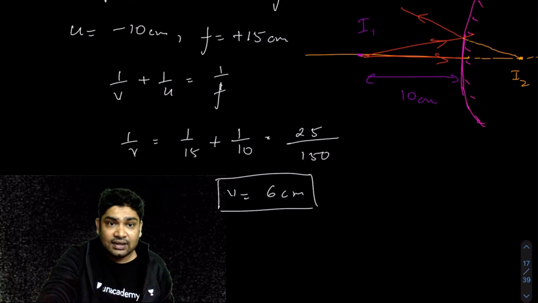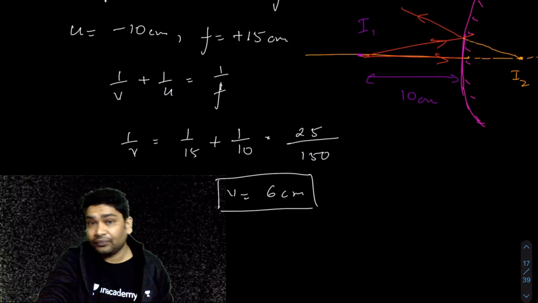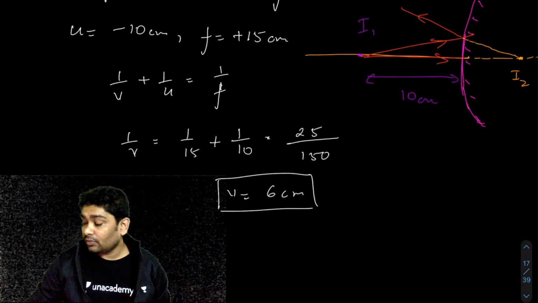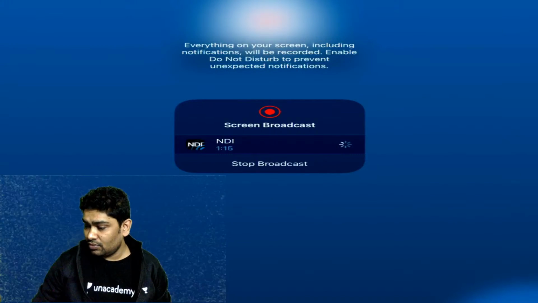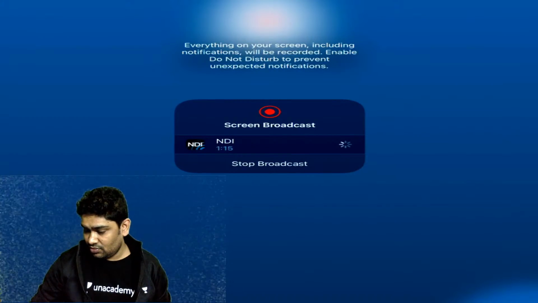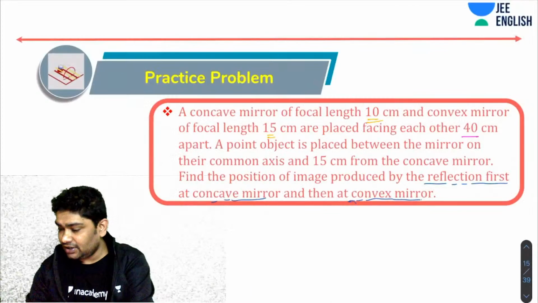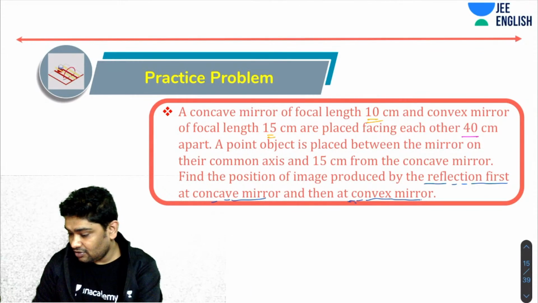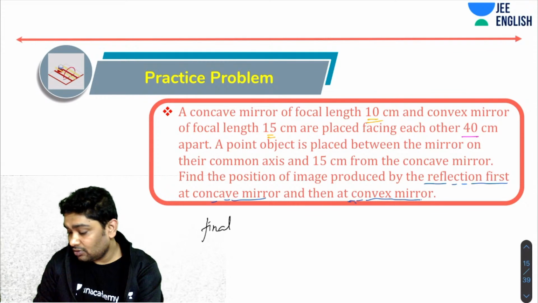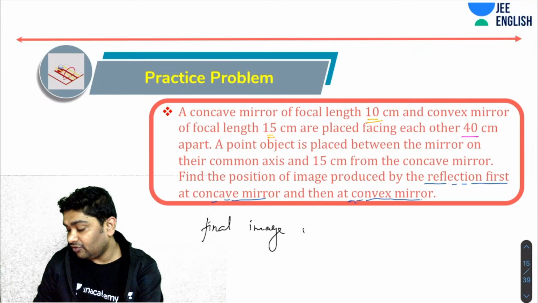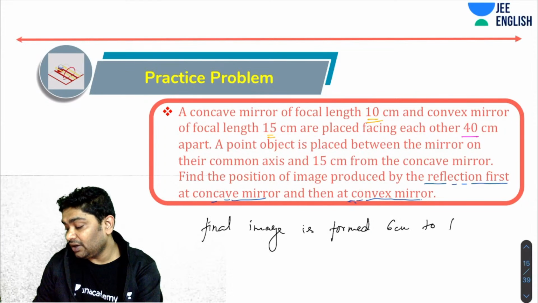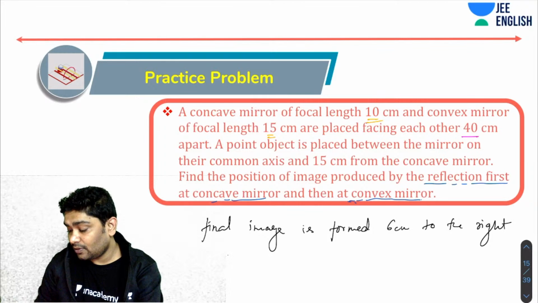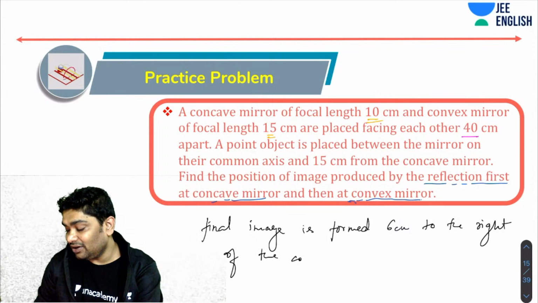Take a look at this and let me know if there is any confusion. So our final image is 6 centimeter to the right of the convex mirror and is virtual.